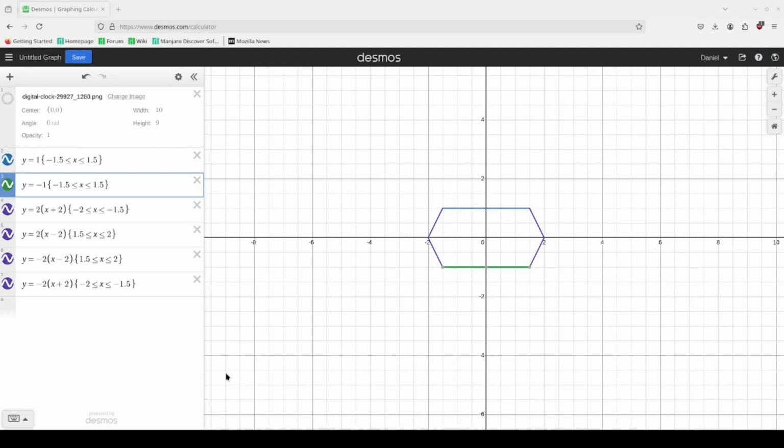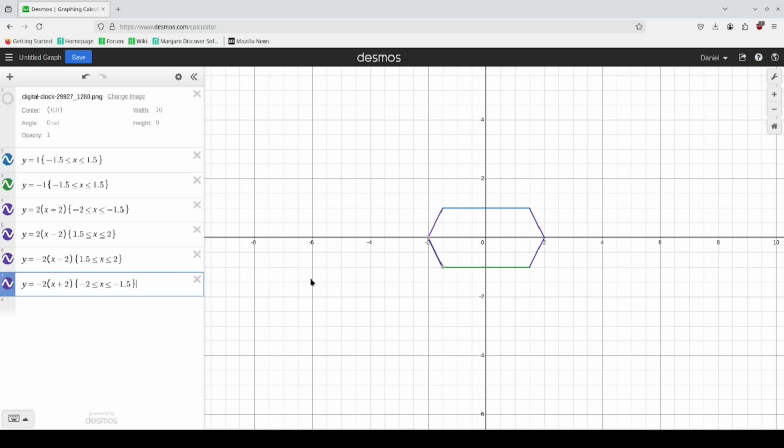Something that I like to do with this LED strip here is to pack these equations into piecewise functions, and so the top half will go into one piecewise function, and the bottom half will go into another piecewise function. So that would reduce this down to 2 equations.